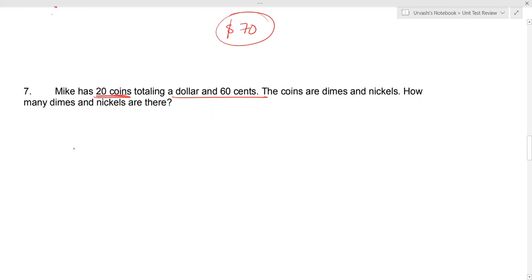So first I did 10. And then nickels are 5 cents. I did 10 cents for dimes. And then I did one nickel for 5 cents. So it doesn't match, because 10 times 10 equals 100 and nickels then equals 5, so it doesn't total anything.